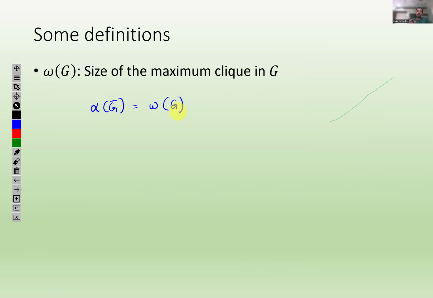So every independent set in the complement graph corresponds to a clique in the original graph, and vice versa. Therefore, I can always say that alpha of G bar is equal to omega of G.